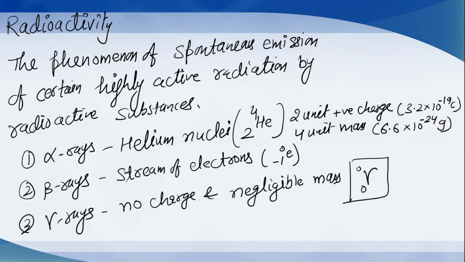Beta rays are simply a stream of electrons represented as -1 e 0. Gamma rays have no charge and negligible mass, and they are simply electromagnetic radiations. That's all for the day.